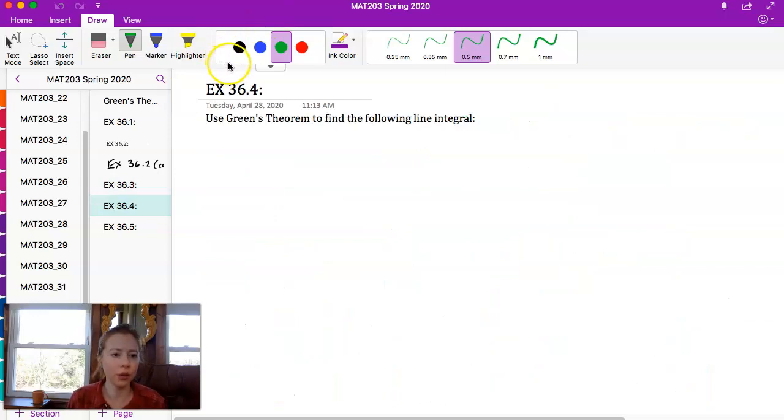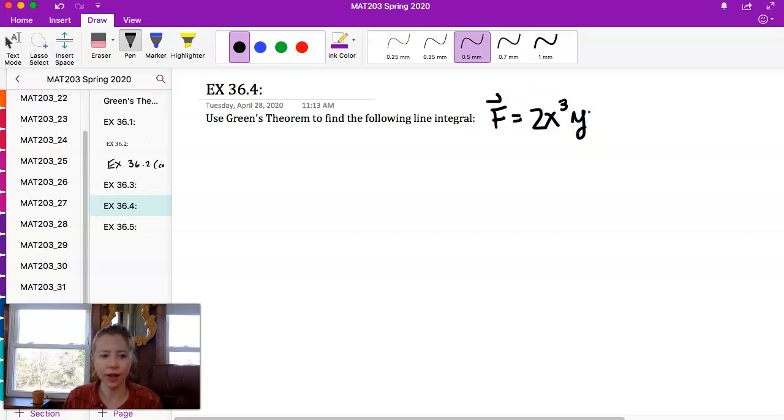You're going to try this one on your own, and so you are going to use Green's theorem to find the integral that I am about to give you, and that is going to be for the vector field f equal to 2x cubed y i hat plus sine x j hat.